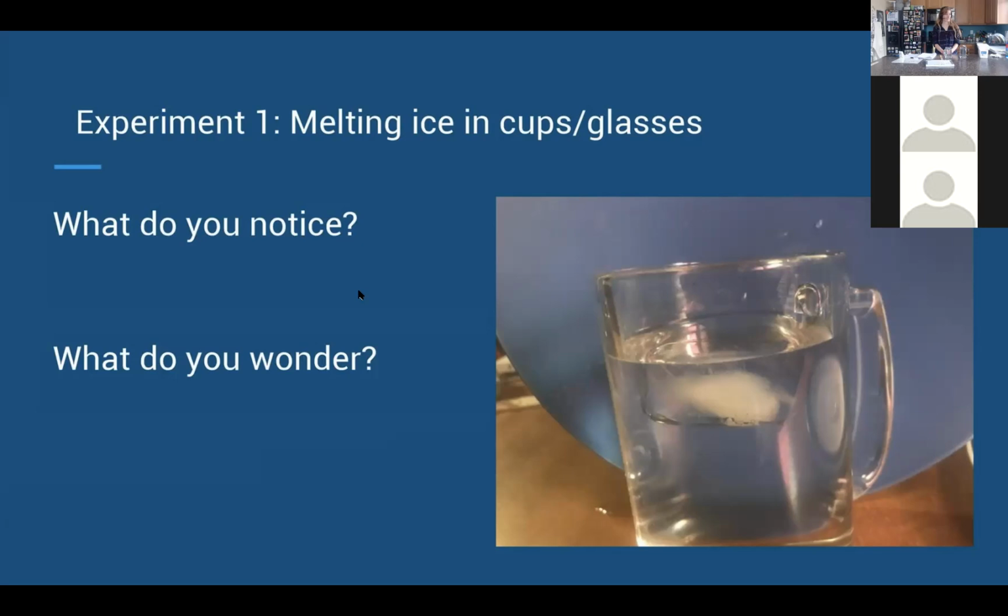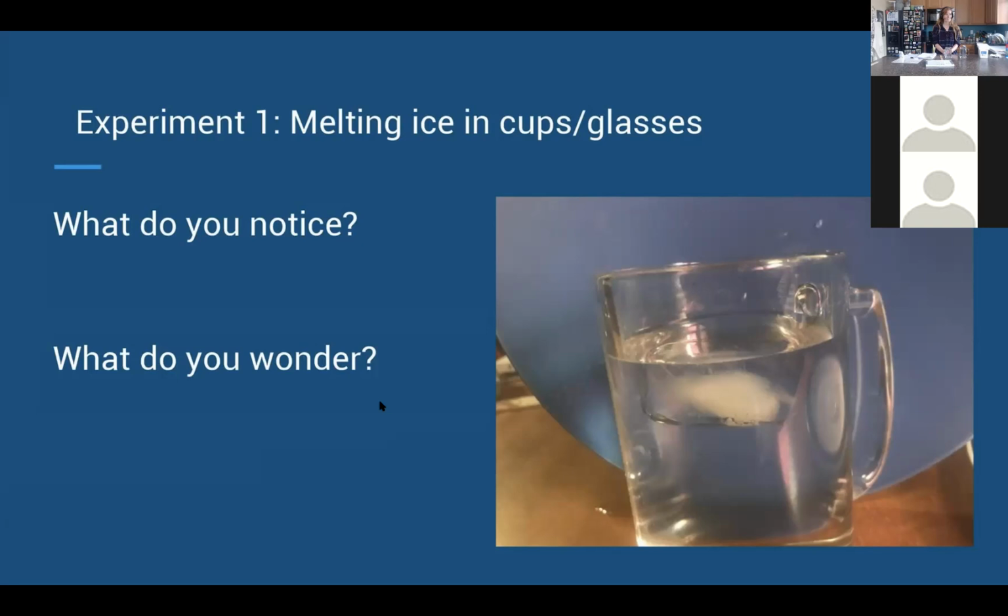The ice in the cup of hot water melted faster than the one in cold water. That is a great observation. Did you hear that, Naomi? How could you tell? What did you see that told you that the one in the warm water melted faster?